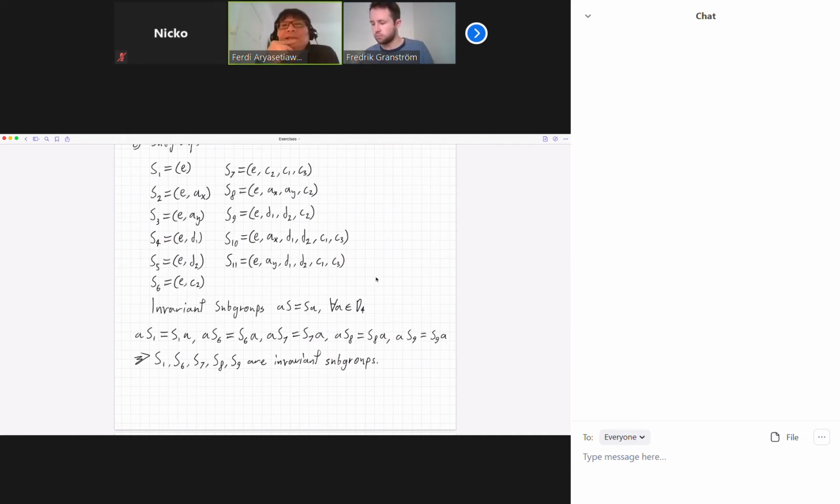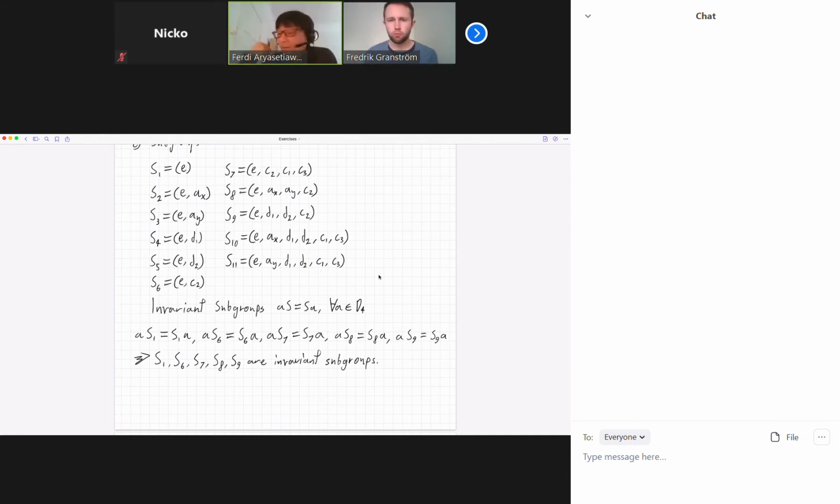Yeah, that's true. But there is also a simpler way of looking at this. If the subgroup is invariant, what's the characteristic of this group? It's made entirely of classes. Exactly, but I don't know if that's an if and only if.